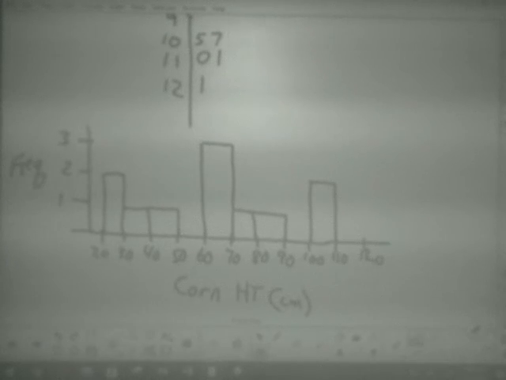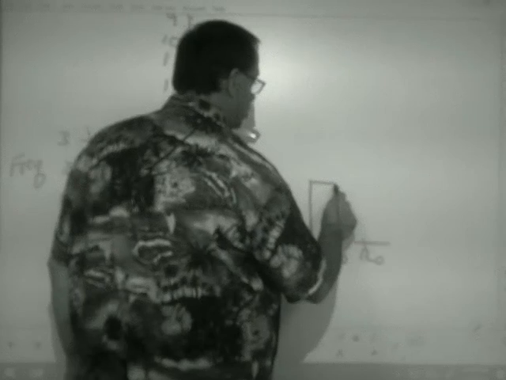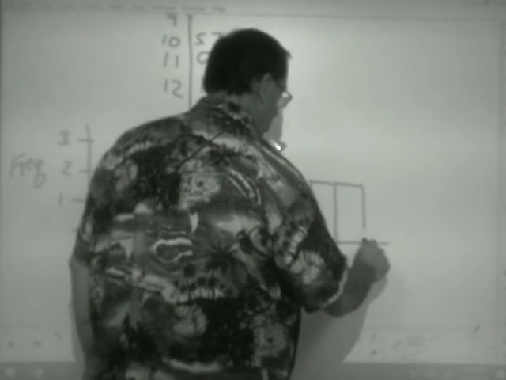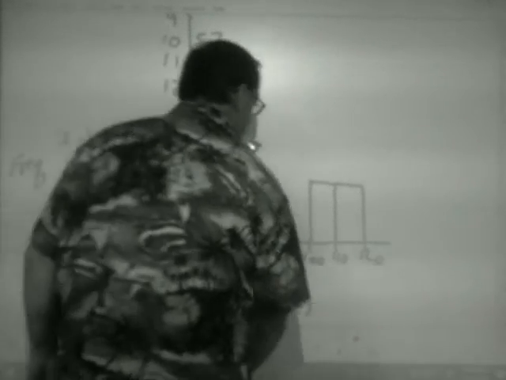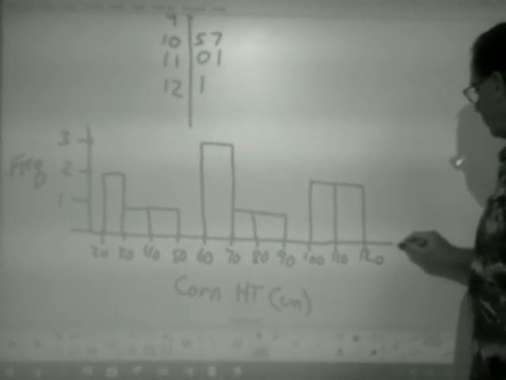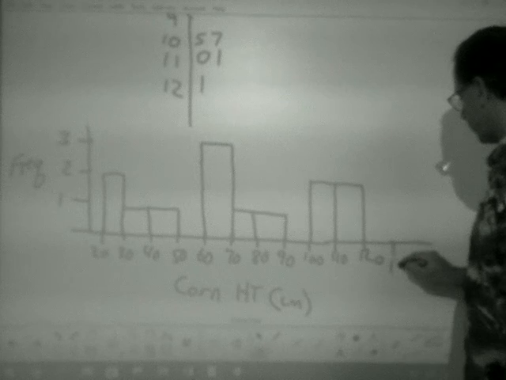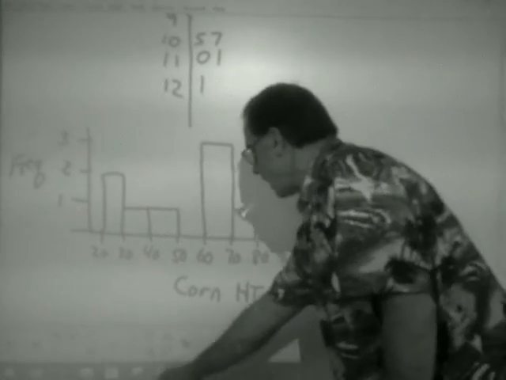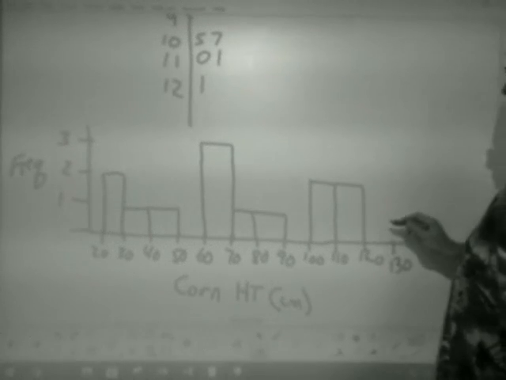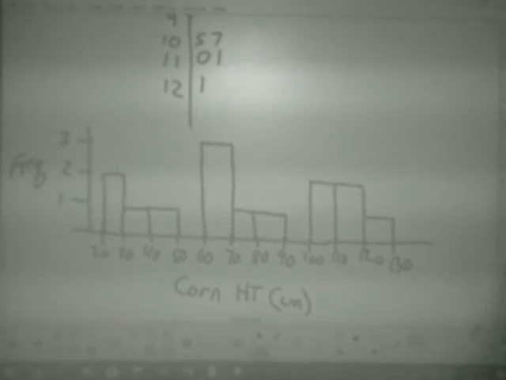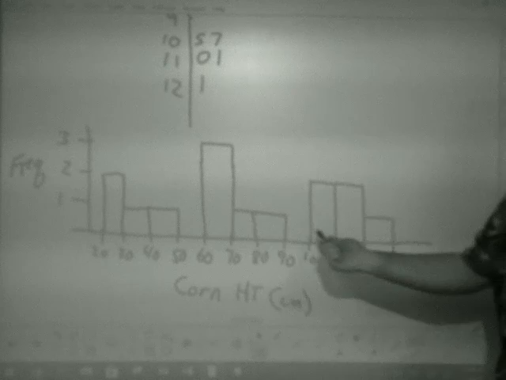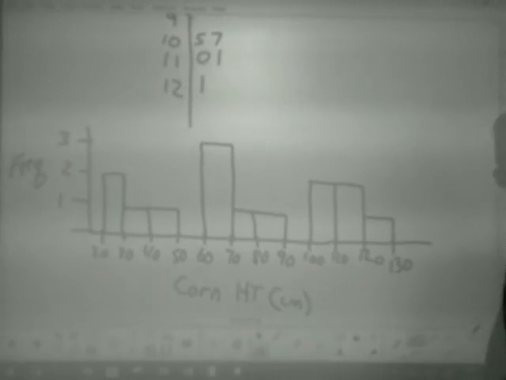That's 2 in the 100s. 2 in the 110s, so again, share the edge and come down. And I have 1 in the 120s. Well, I don't have a spot for the 120s to end, so I better make a mark out here of 130, so that way I have room for 1, share the edge and down. And that is a complete histogram of that data.